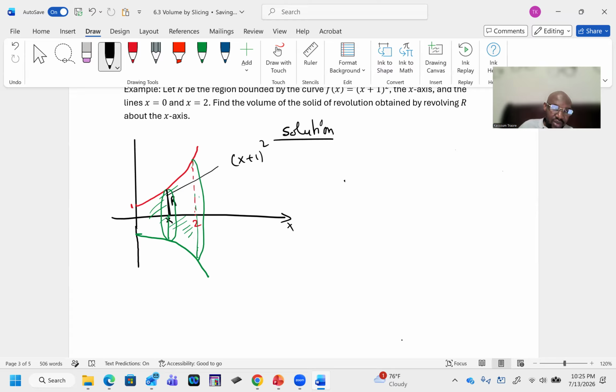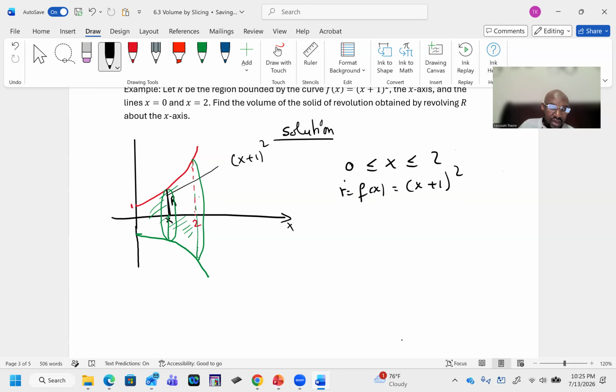A cross section perpendicular to the x-axis at the point 0 less than or equal to x less than or equal to 2, because this is 2, from x is equal to 0 to x is equal to 2, is a circular disk of radius f of x. So the radius r is the same thing as f of x in this case, which is (x plus 1) squared, right?